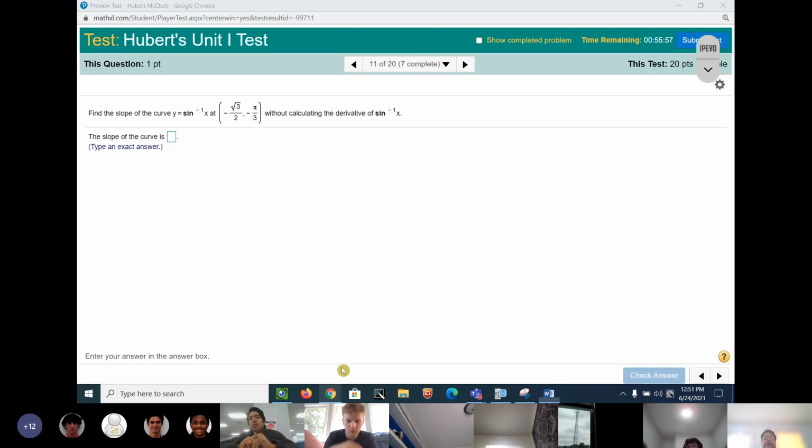Now that point, that's just something separate right now. So just put that point over here as given, negative square root of 3 over 2 comma negative pi over 3. Okay, that's our point that we might need to find whatever we might need to find. So the function is y is equal to the inverse sine of x.